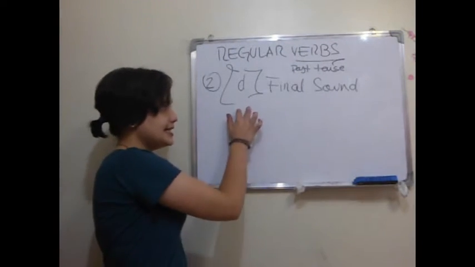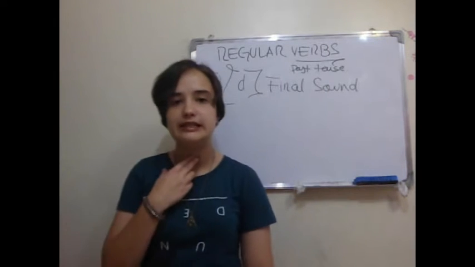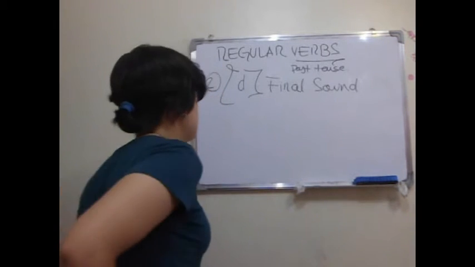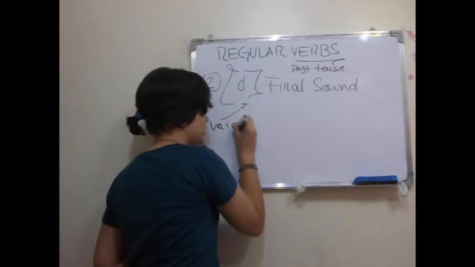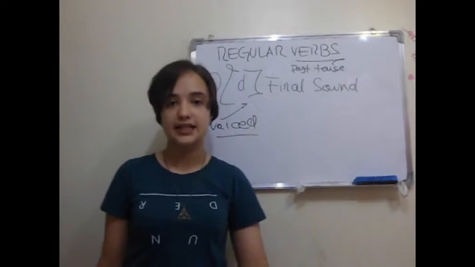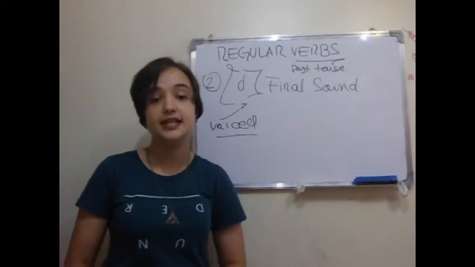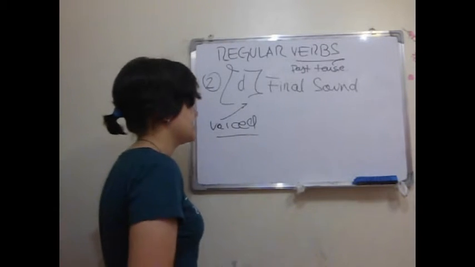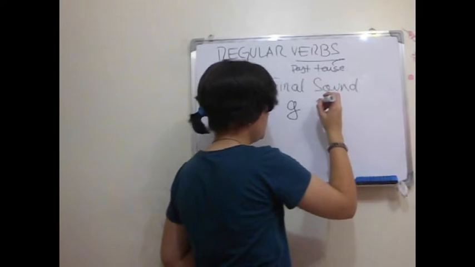Okay? So let's go to the D explanation. When is the final sound of our regular verbs D? Well, let's write up D. We determined that D is a voiced sound, which means that regular verbs that end with a voiced sound are going to be pronounced with a D in the past and past participle tense.